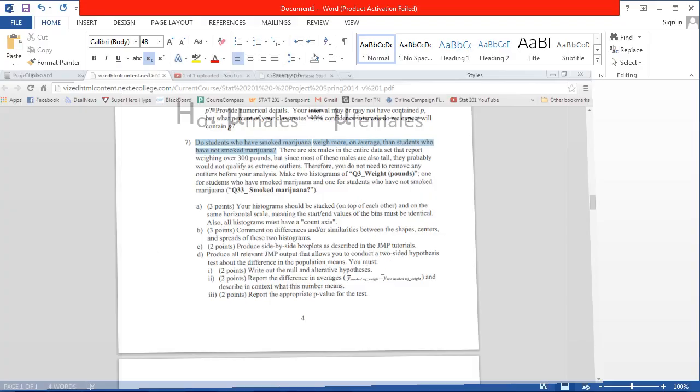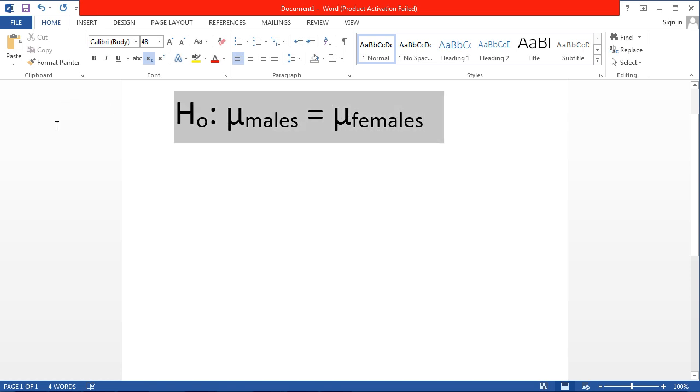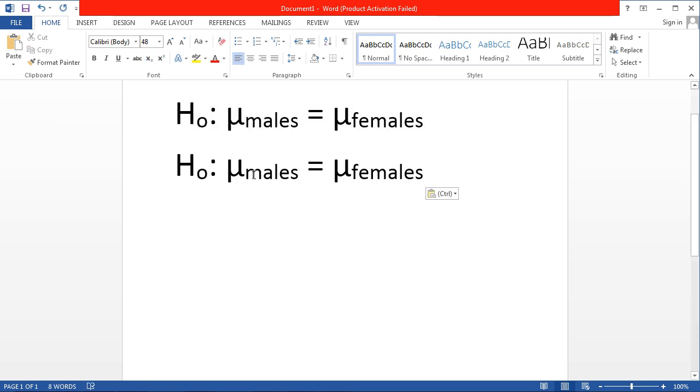So in my question right here, I would want to do a one-sided test also, and I would have a one-sided alternative stating, the alternative, I just changed it around there, now the alternative states that the true mean for males, and let's change this, is greater than the true mean for females. So we have this written out right here.